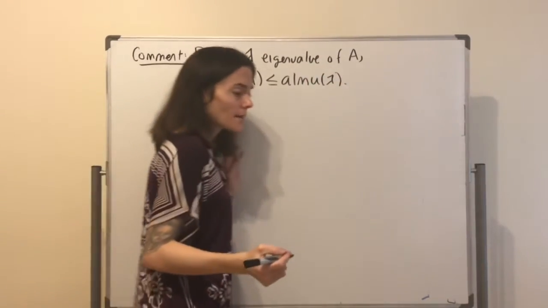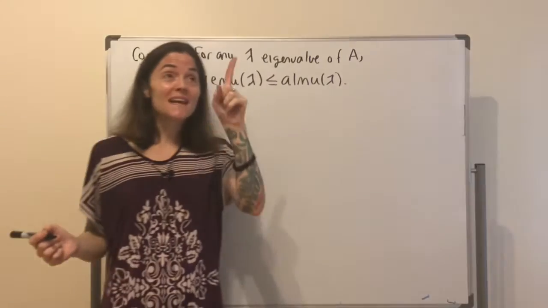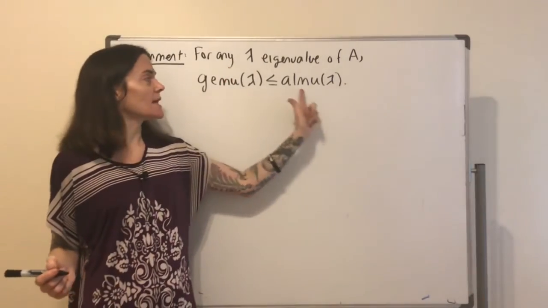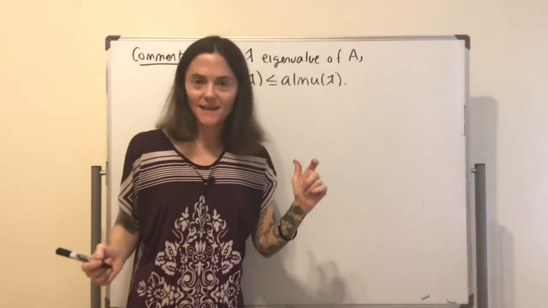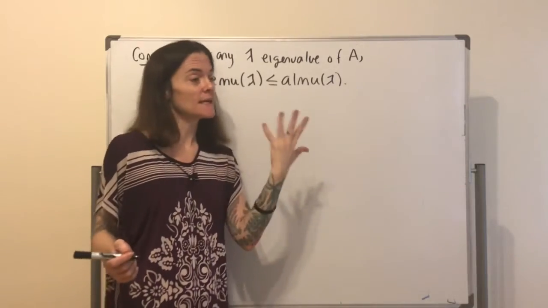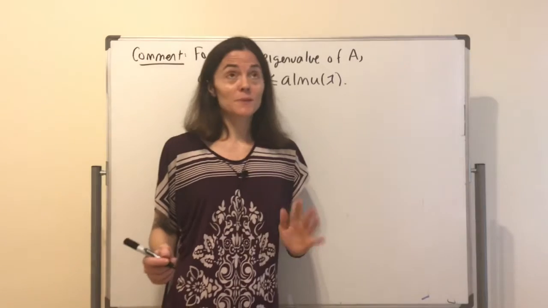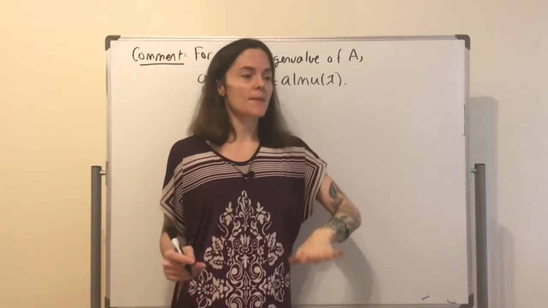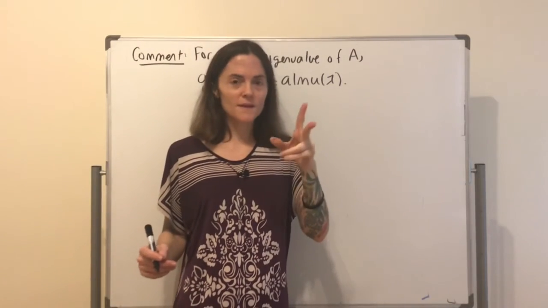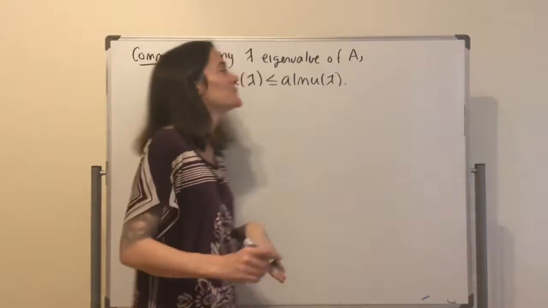And we've seen one example where we had one strictly less than, and the matrix was not diagonalizable. In the example we just did, the geometric multiplicity and the algebraic multiplicity were the same when we had one with algebraic multiplicity 2.